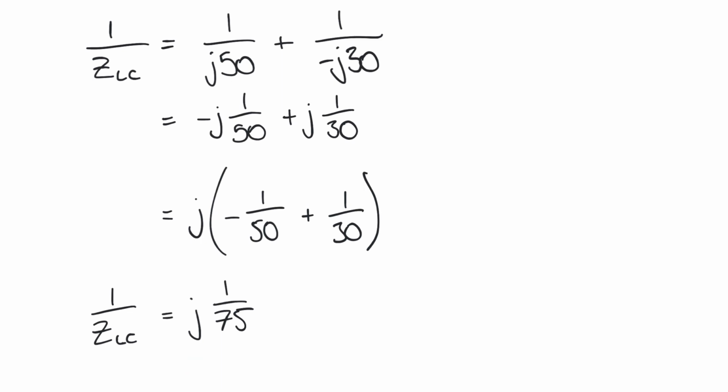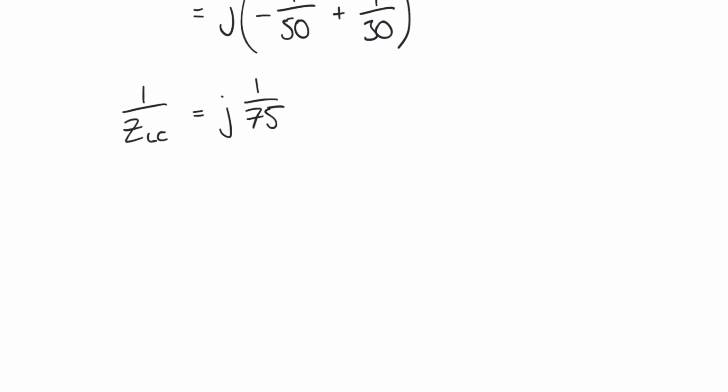We have to find the reciprocal of both sides. So 1 over 1 over ZLC will just give us ZLC. 1 over j times 1 over 75, well, 1 over j is minus j, and 1 over 1 over 75 is going to be 75. And so our final result for ZLC is minus j75.